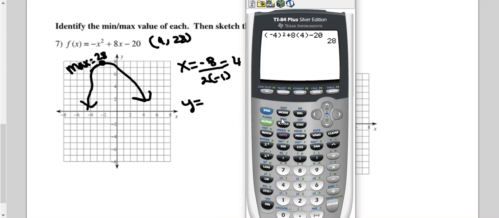Let's go ahead and graph it and check. So you have negative x squared plus 8x minus 20. I want to graph it. I was way off.